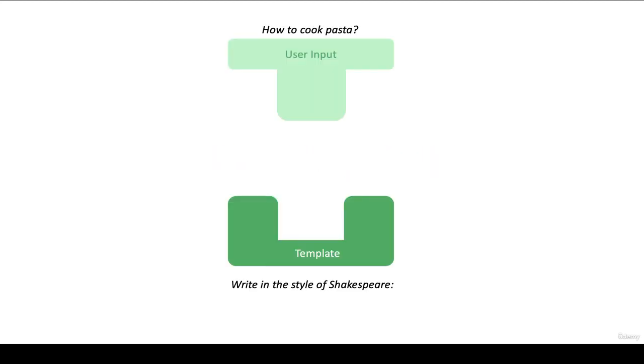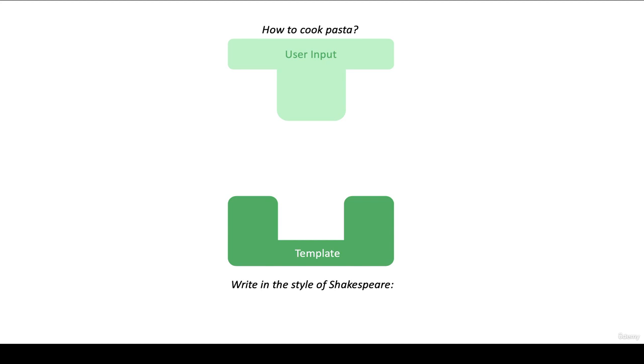A prompt template can be imagined as something that acts like a socket, and this socket takes the user input and combines that together before it sends it to the large language model.